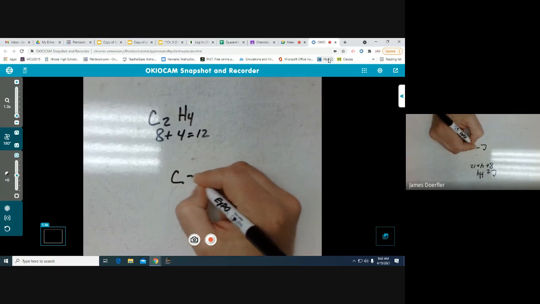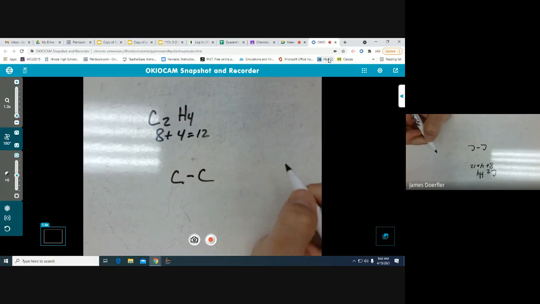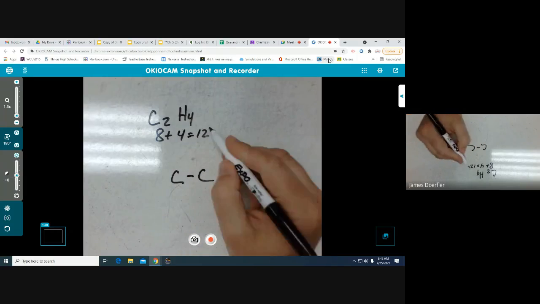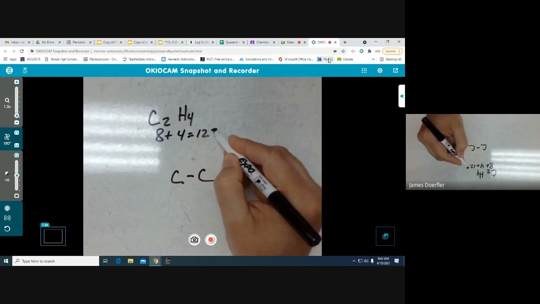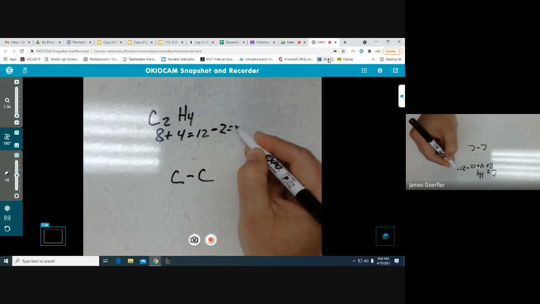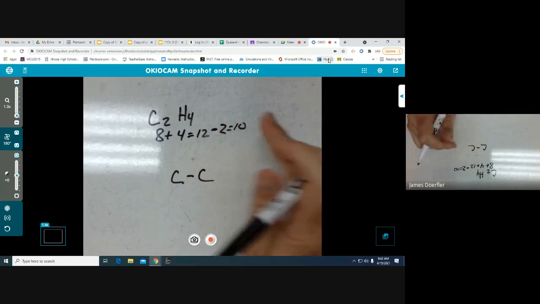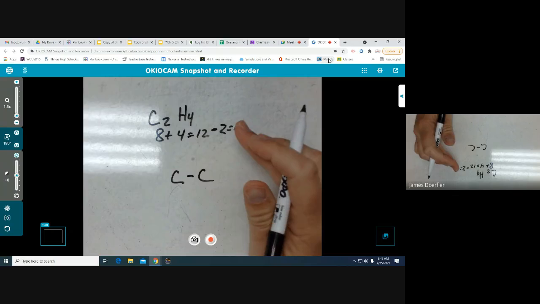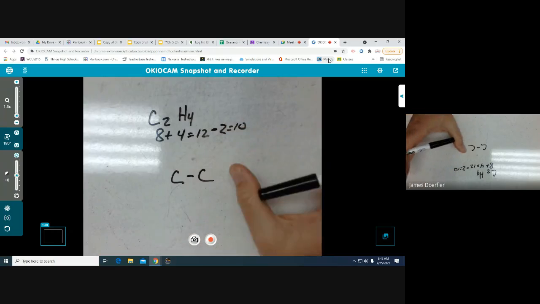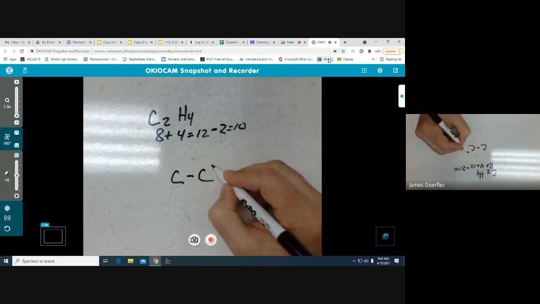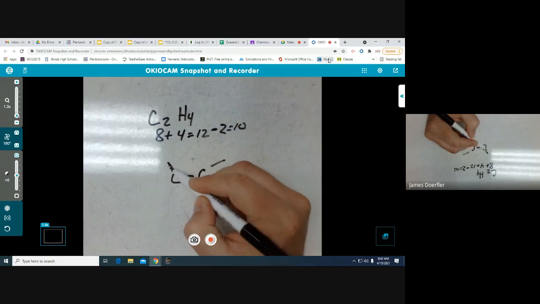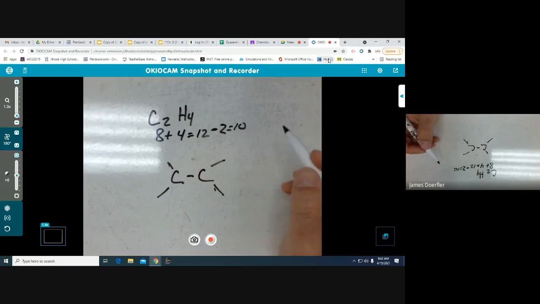We connect the carbons together. And again, keeping track, we just use 2. So that means we have 10 valence electrons remaining. But we still have to deal with the 4 hydrogens. So again, symmetry here, I'm going to connect those 4 hydrogens, 2 for each carbon.